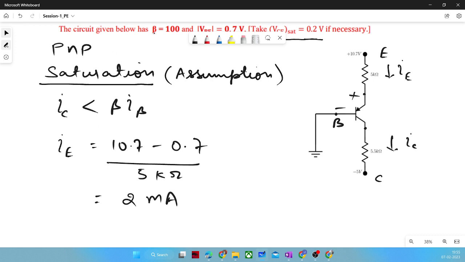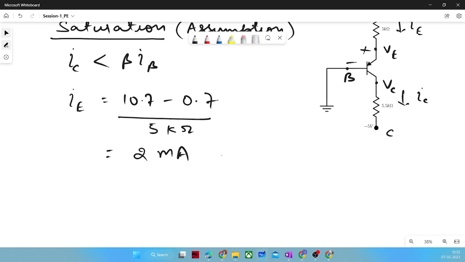This is IE here. Now, beta is given here as 100, but we cannot directly take the relation of IC and IE in terms of beta since we have assumed that it is working in saturation region. So what we need to do is compute the individual voltages VE and VC. We know the relation VE minus VC will be 0.2. This is the first condition we have obtained.